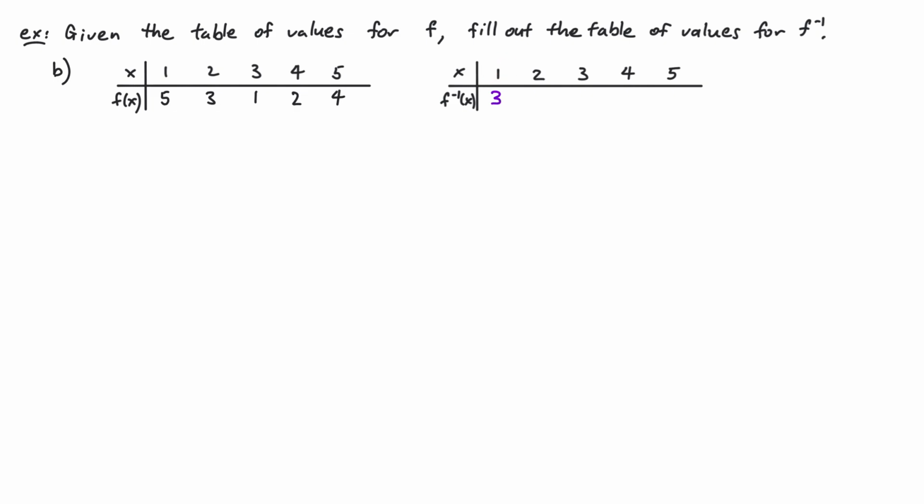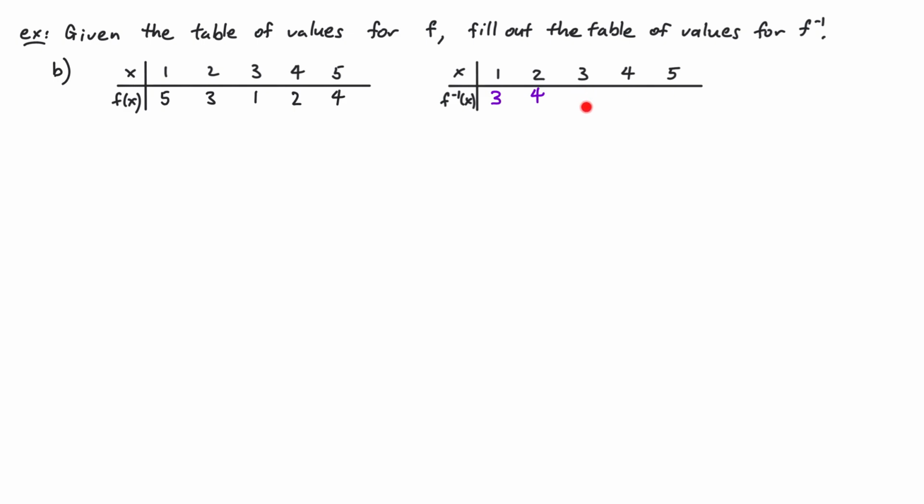For the next entry in our f inverse table, we want to figure out what's the output of the inverse function when we input 2. So we want to go to our f table and look at where 2 shows up as the output. In our f table, 2 shows up as the output here. In this entry, when we input 4, we get the output 2. So for my f inverse, when we input 2, we should get the output 4.